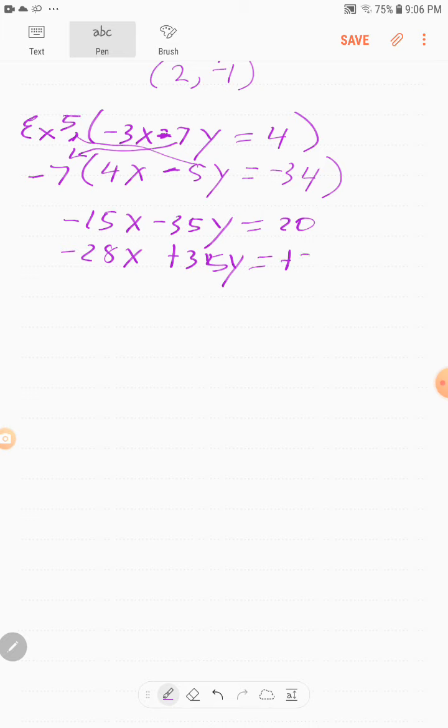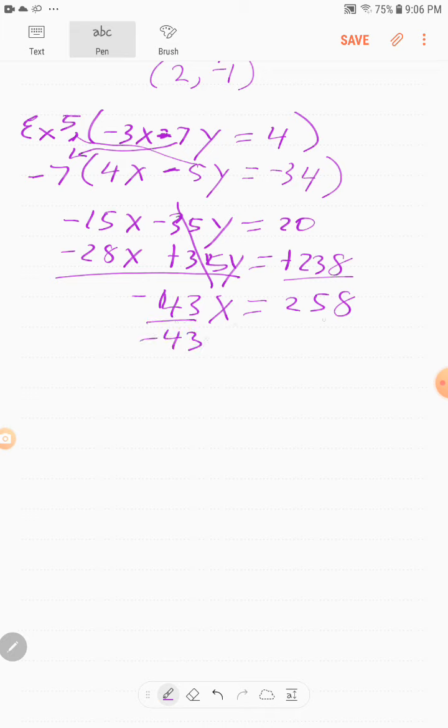So that'd be plus 238. So now we have a minus 35y and a plus 35y. They cancel out each other. Adding the x's together, that will give us minus 43x equal to 258. Now divide both sides by minus 43. So x equal to minus 6.